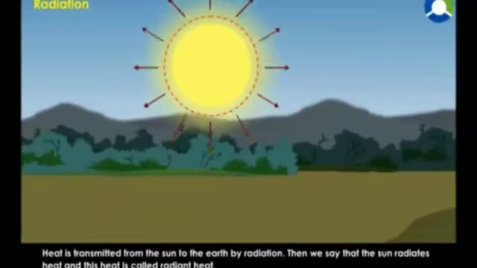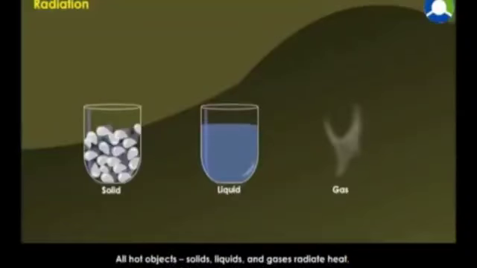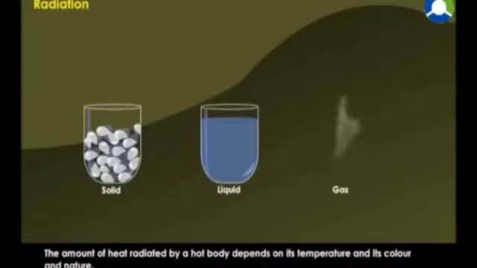Then we say that the sun radiates heat, and this heat is called radiant heat. All hot objects, solids, liquids and gases radiate heat. The amount of heat radiated by a hot body depends on its temperature and its color and nature.